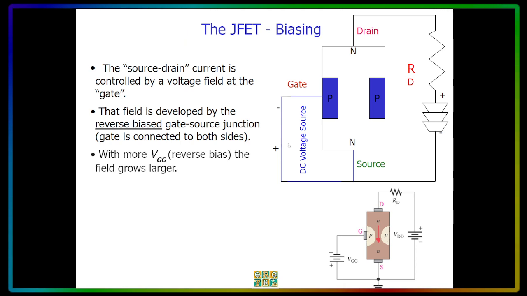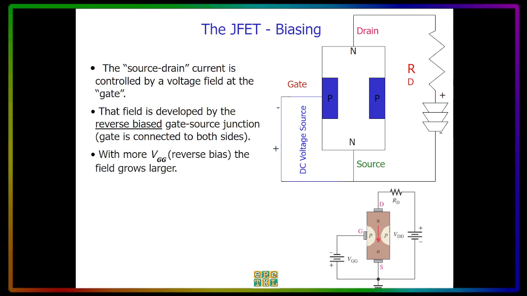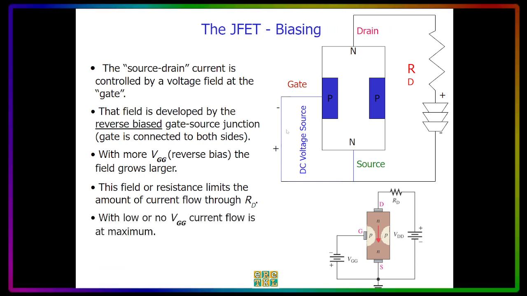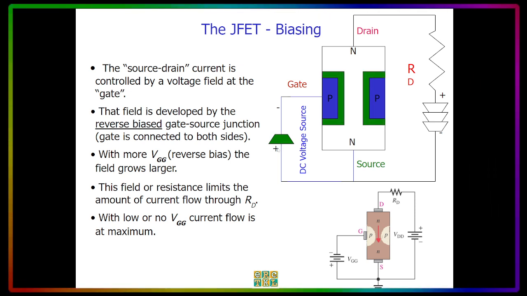But let's say that there's no gate source voltage here. You will see here that the DC voltage source here is not connected, and we will put another voltage here aside from 0 later on to see the effect. Let's say we put a voltage here more than 0.